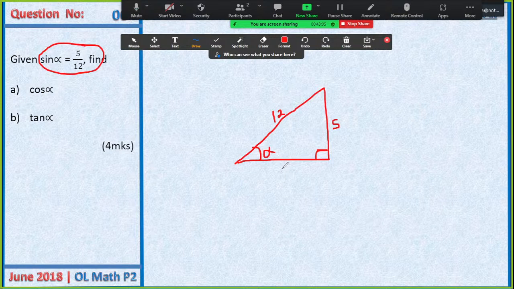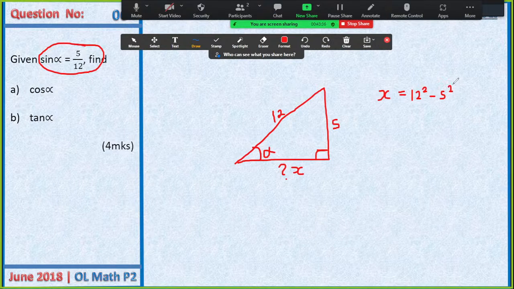So I need this side. How do I get this side so that I can now use it to find cos and tan? To find the other side, if you call this side x, x will be equal to the hypotenuse squared, that is 12 squared, minus the square of the other short side, so minus 5 squared.